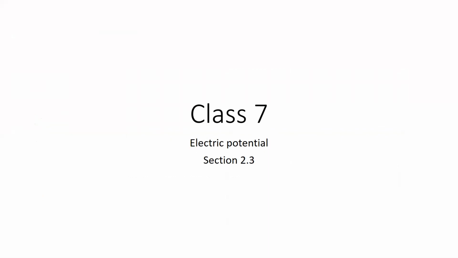This class is on the electric potential, and this covers section 2.3 of the textbook. The electric potential is a very useful quantity in electrodynamics, and it's also known as the voltage, same as the voltage like a 40 watt or 100 watt bulb or 110 volts coming out of an outlet.